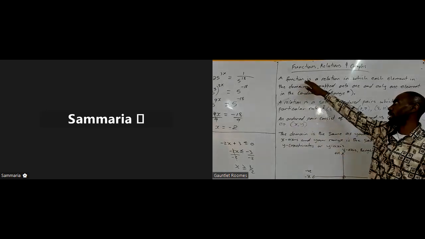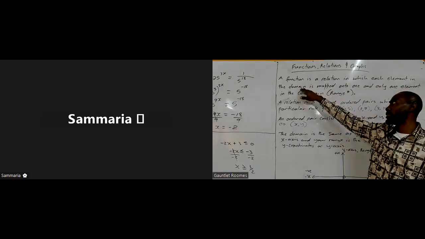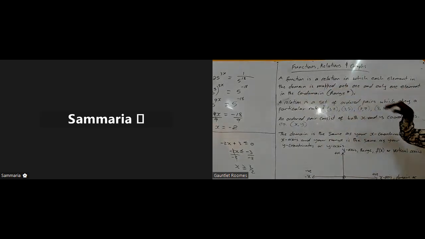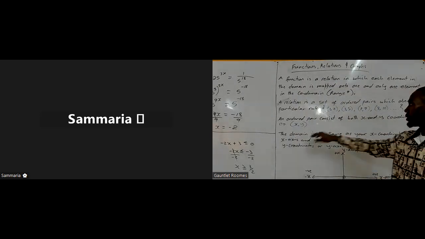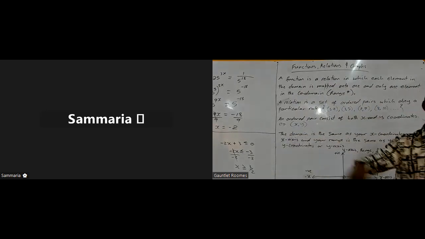Now we said that each element in the domain is mapped onto one and only one element in the range, or we can call it the codomain. What's the domain? The domain is the same as your x coordinates or your x axis.